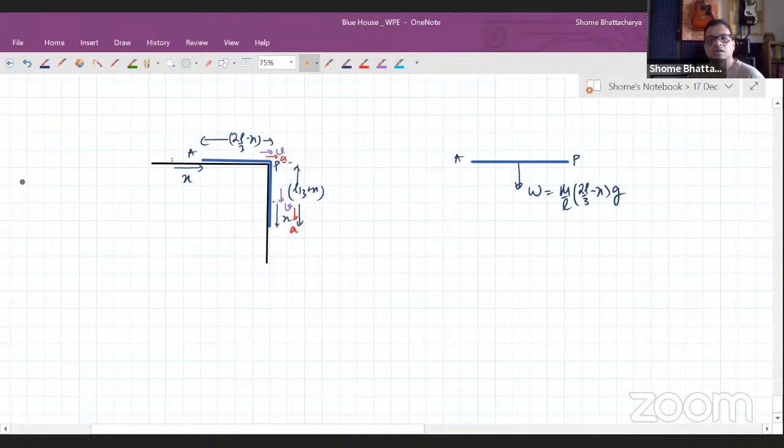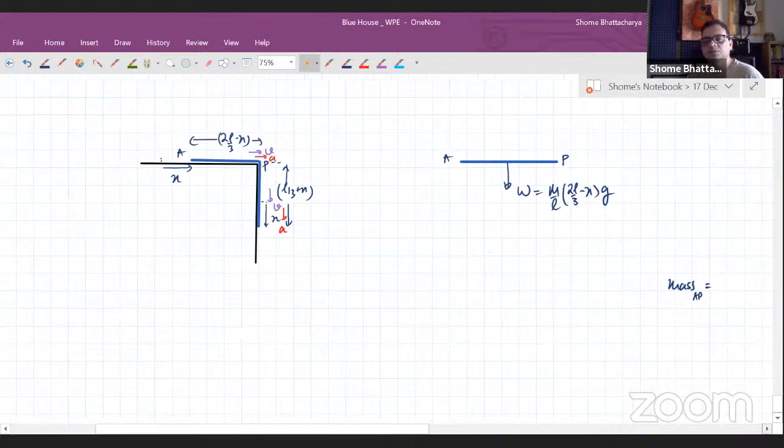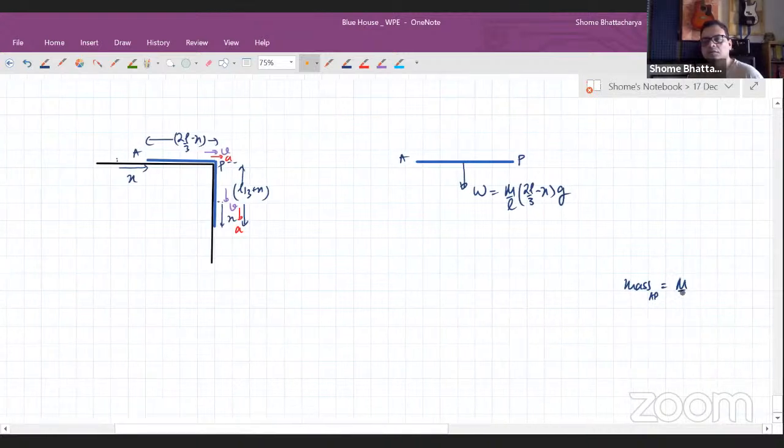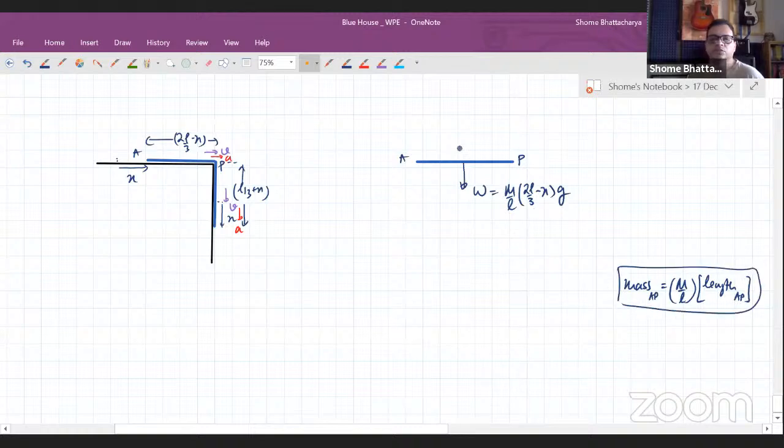Mass of that portion AP is mass per unit length multiplied by length of the portion AP. So that is a concept we are using for weight. So that is equal to normal reaction, and the kinetic friction is mu n.